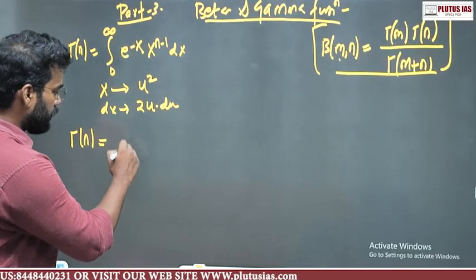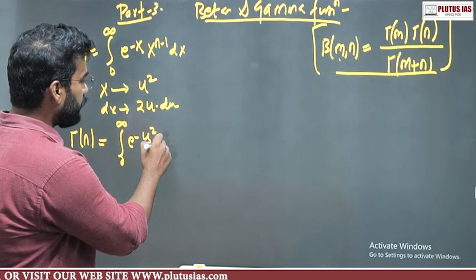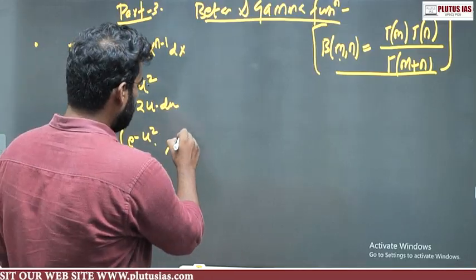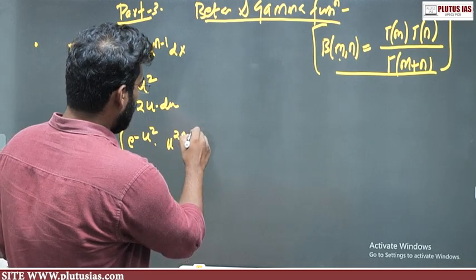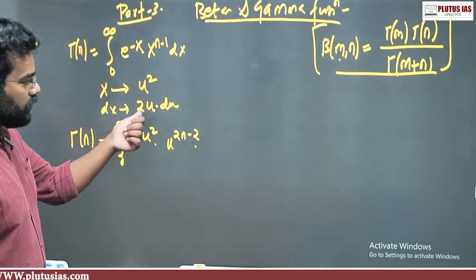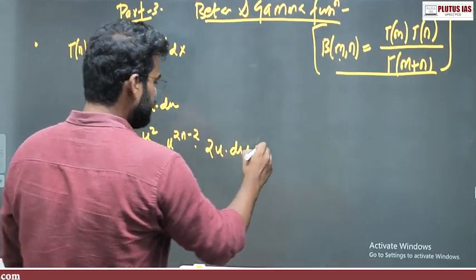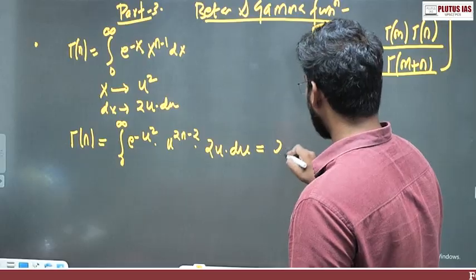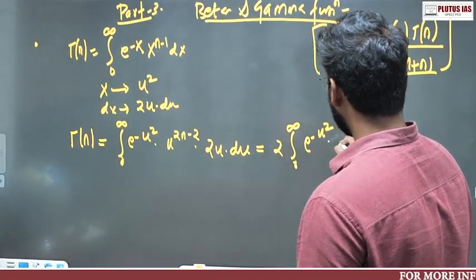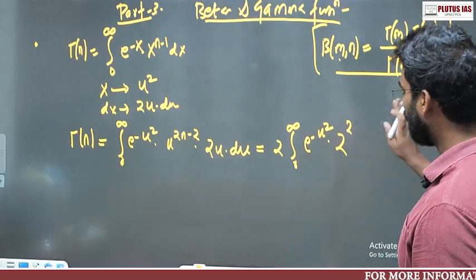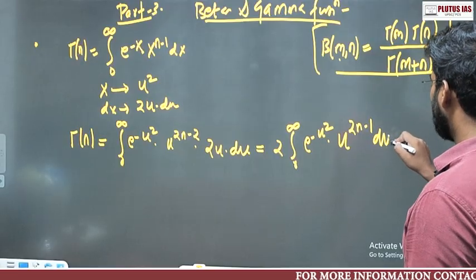So 0 to infinity e to the power minus u square, u to the power 2n minus 2, into 2u du, and this will become 2 times the integral from 0 to infinity of e to the power minus u square, u to the power 2n minus 1 du.